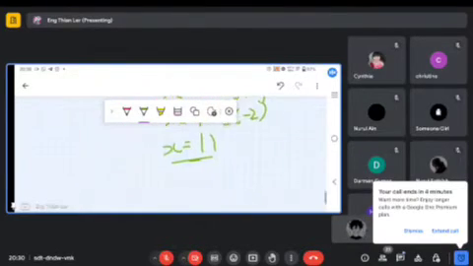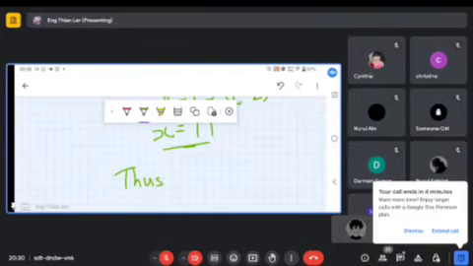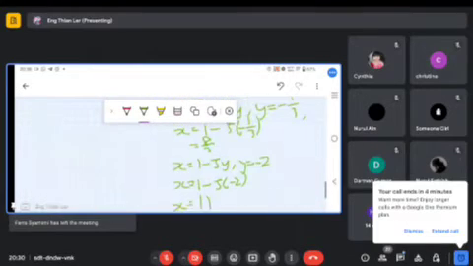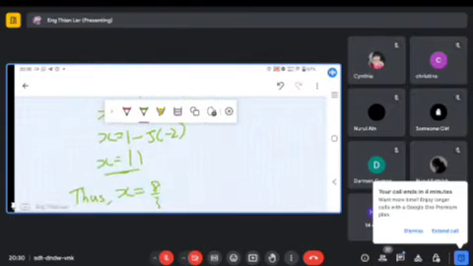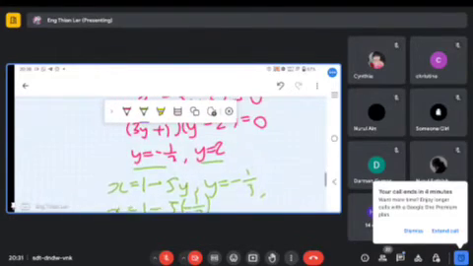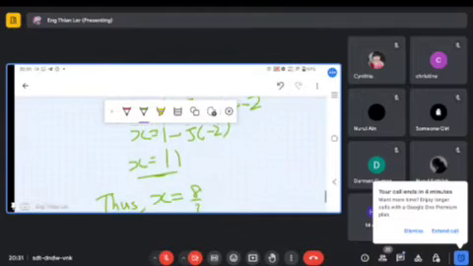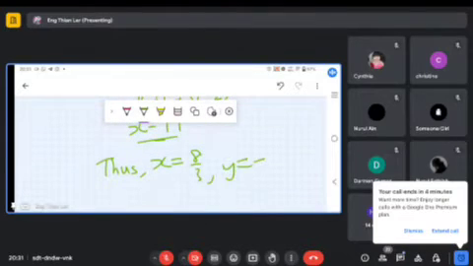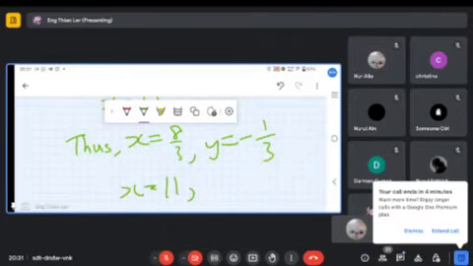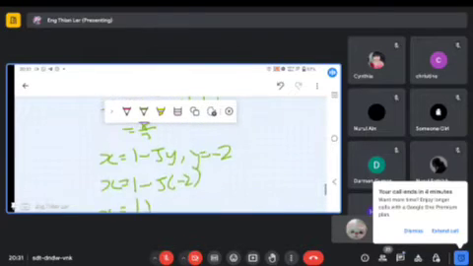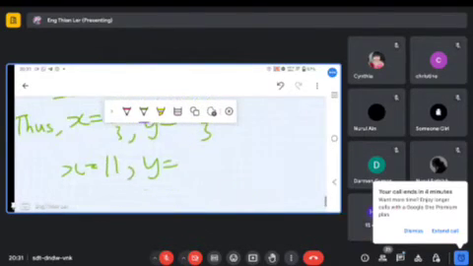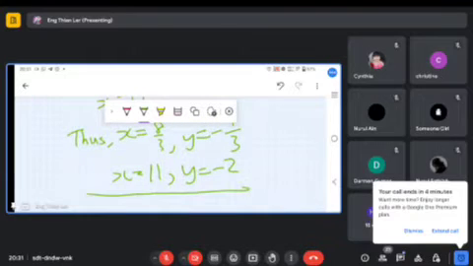We're going to write a conclusion here. When x equal to 8 over 3, y equal to negative 1 over 3. And for the second value, when x equal to 11, y equal to negative 2. So this is the answer.